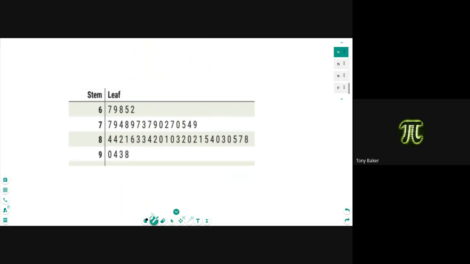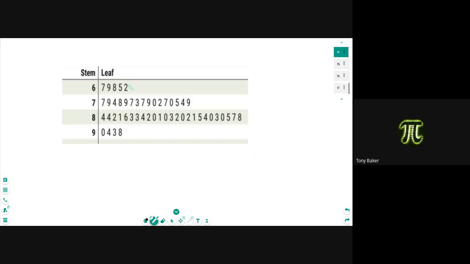And leaf. So this value right here, that's 67. The next one, so this table, this one right here is 67, 69, 68, 65, and 62.